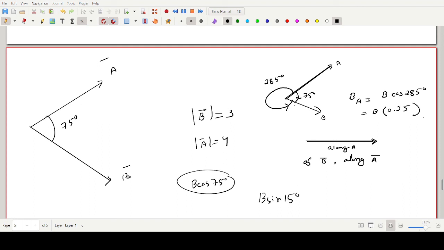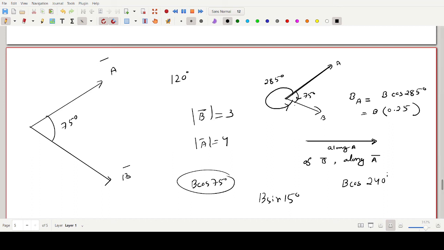So if you take cos 75, these are the same thing. Now, if the angle is 120 degree instead of 75, then what will happen? Then this angle will be 240 degree, so B cos 240.